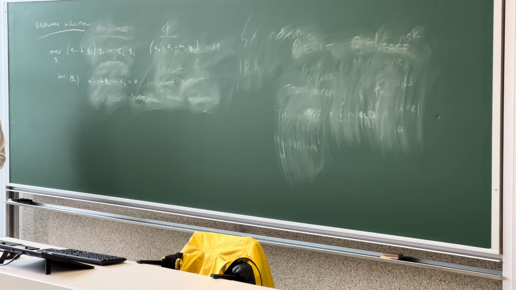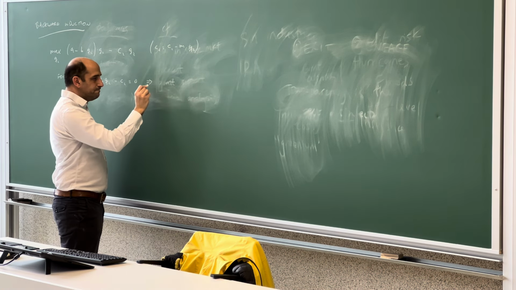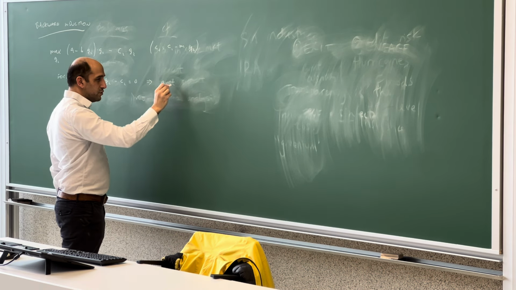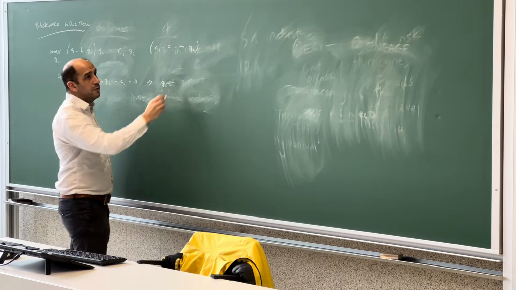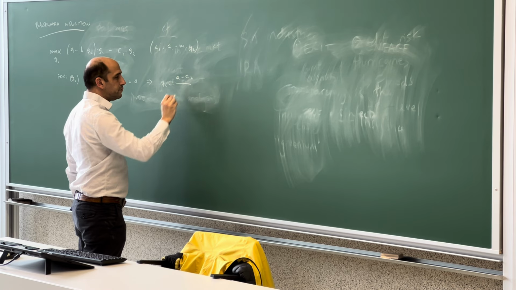It's the same. So Q2 is going to be equal to A minus C2 over 2B.